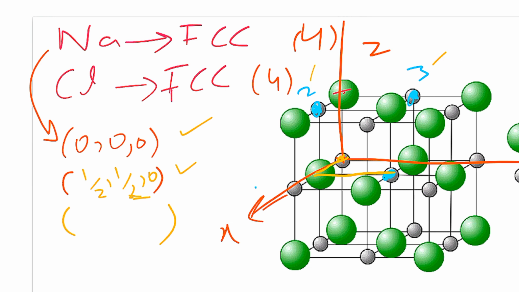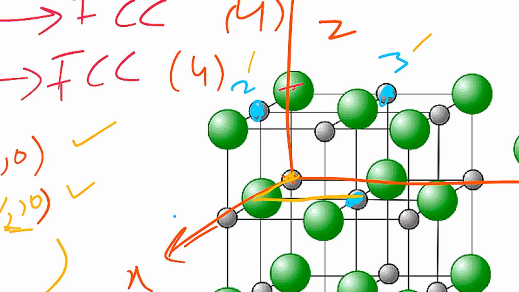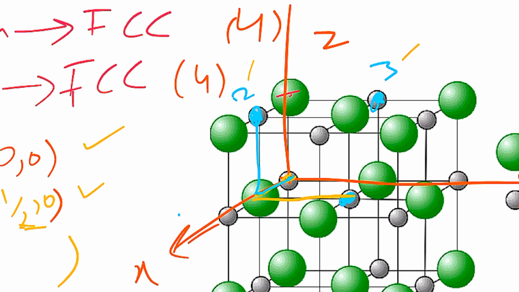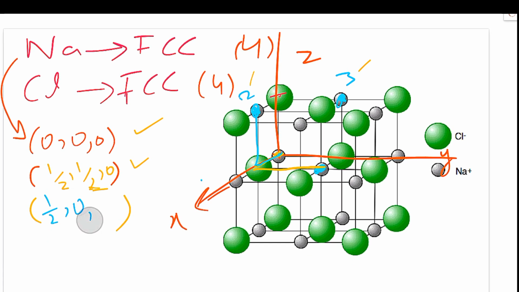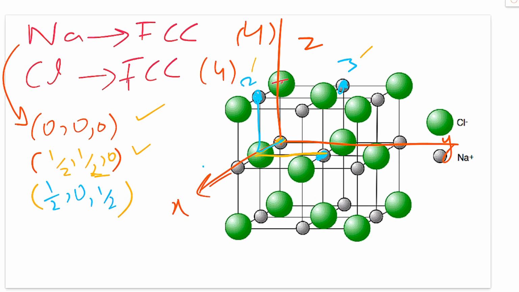So now let's move from origin and reach this atom that is here. Starting from origin, I'll move half unit along x and then half unit along z to reach that point. So half unit along x and 0 unit along y and half unit along z. This is the coordinate of this atom, and we can see we moved between unlike atoms here, then between unlike atoms again in the z direction.